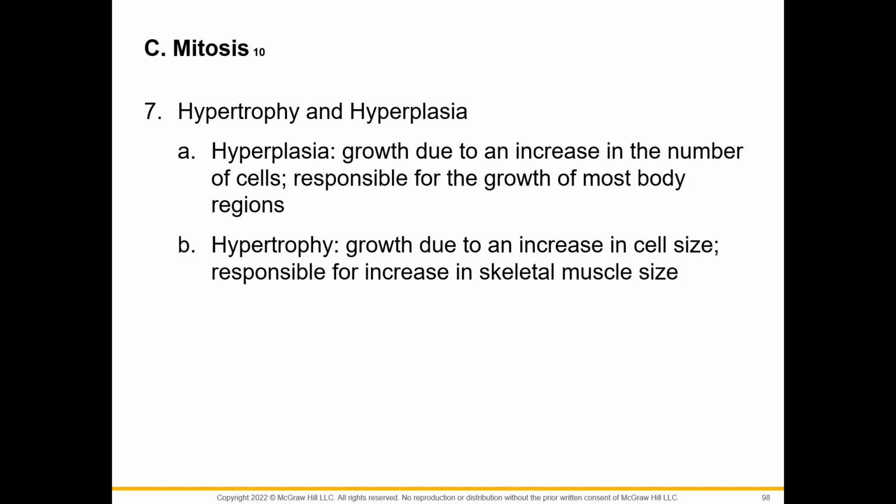And I guess if it's just hyperplasia, that's normal. If it's dysplasia, that's abnormal. We don't want that, like cervical dysplasia or anything like that. And then hypertrophy is an enlargement of the cells, and that's how muscles get bigger. They don't increase in the number of cell fibers in the muscle. When you get large muscles, they increase in their size, their bulk, their number.